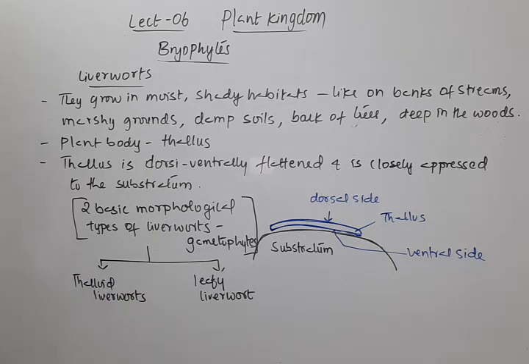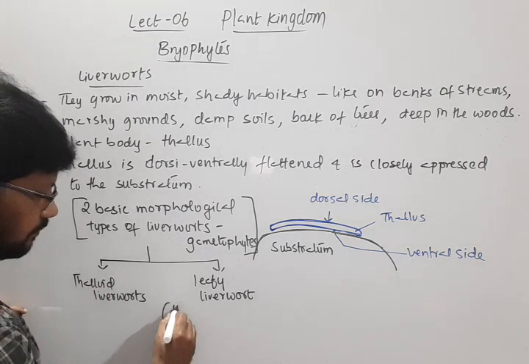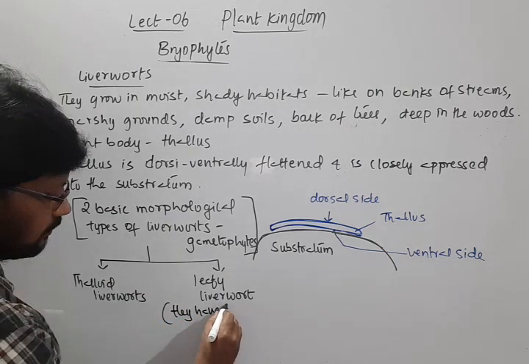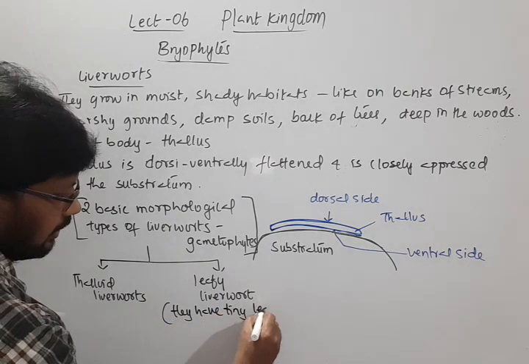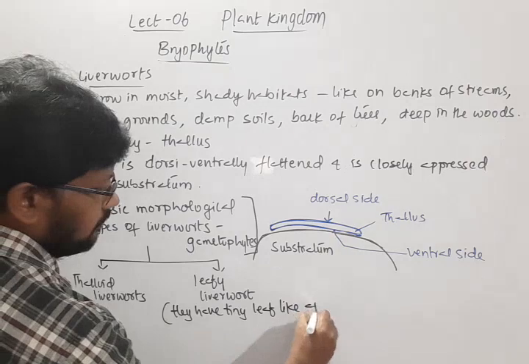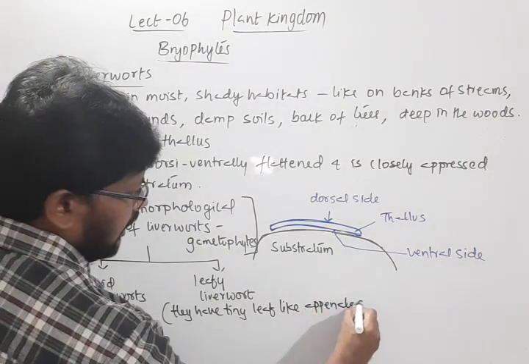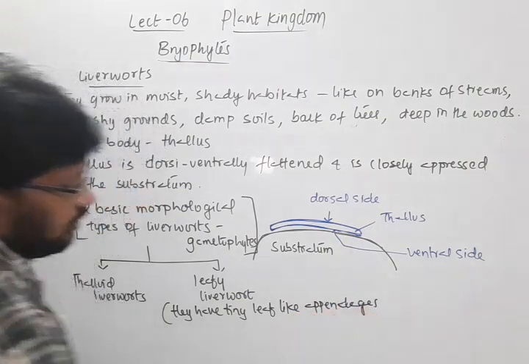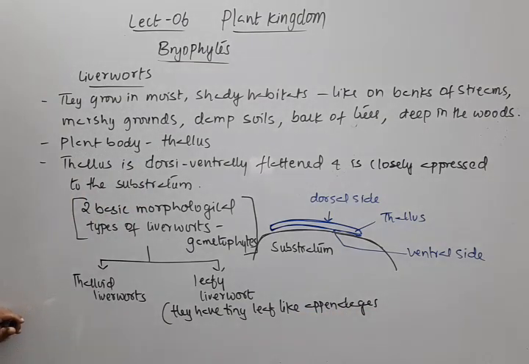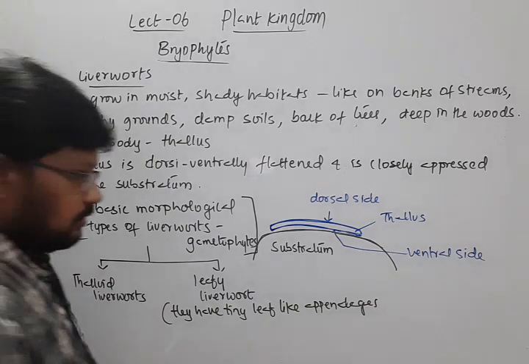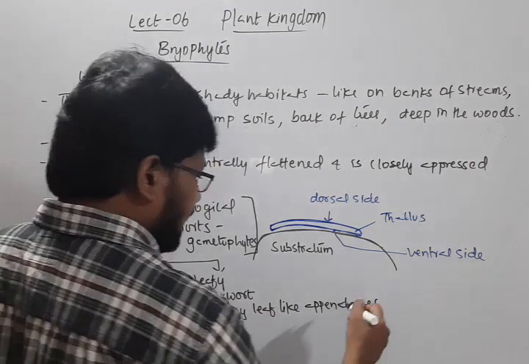Coming to these leafy liverworts, they have tiny leaf-like appendages that will be arranged in two rows on stem-like structures.